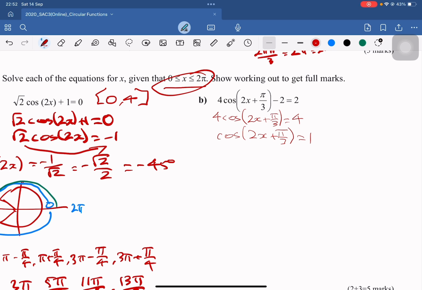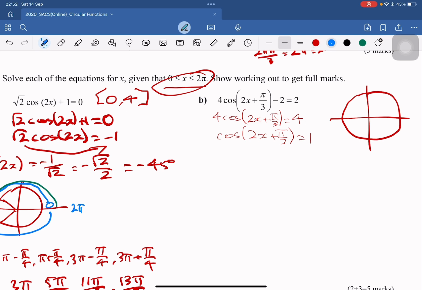Now, on the unit circle, where is cos 1? If we're talking about what cos is, it's essentially the measurement of the x-axis. So when the x-axis is 1, the angle is going to be 0, right? It could be 0 and pi, it could be both.